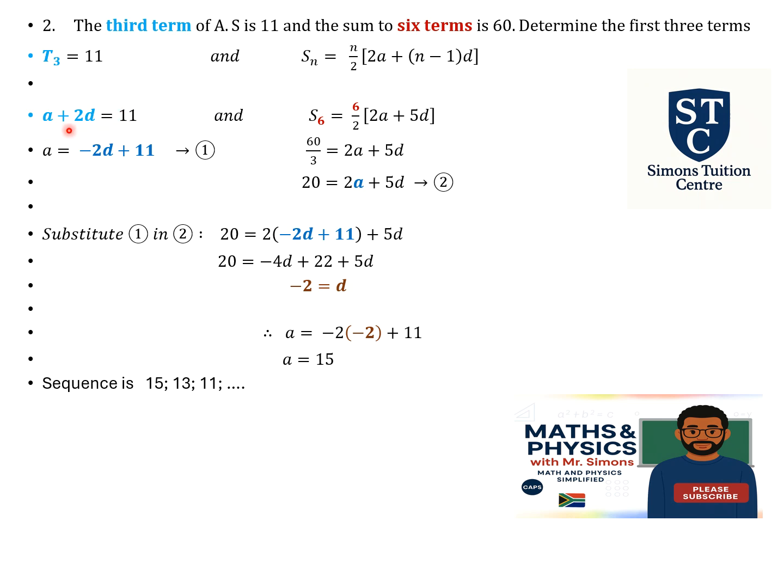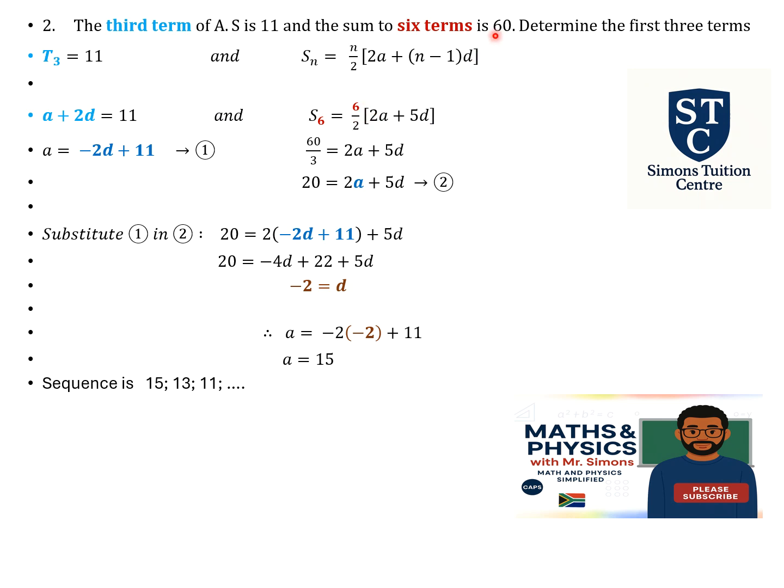This equals 11, and if I make a the subject of the formula, taking 2d across, I have a equals minus 2d plus 11. For the sum to 6 terms, n becomes 6, and 6 minus 1 gives me 5d. 6 divided by 2 gives me 3.